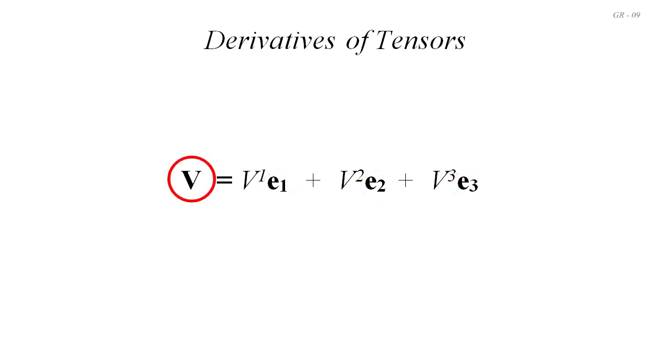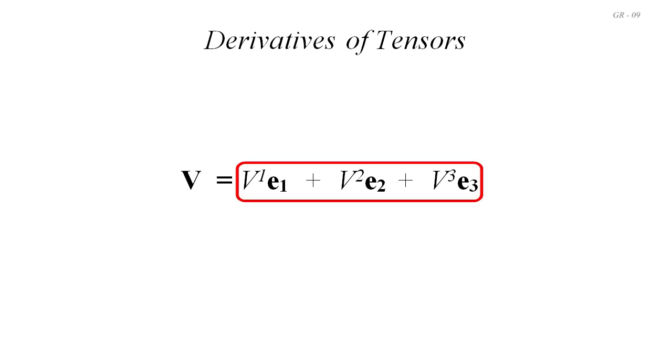V, the vector, is v1 e1 plus v2 e2 plus v3 e3. And we know from video 7 that generally if we wanted to take the derivative of this vector with respect to displacement, we must use the covariant derivative. This will take into account any stretching and bending of the coordinate system which might be being used.